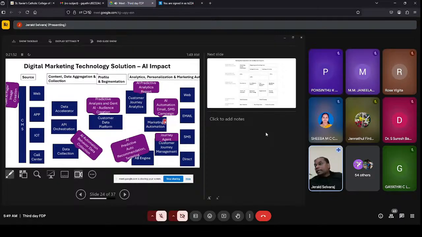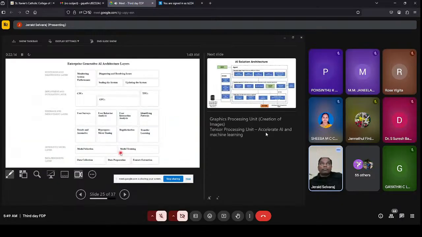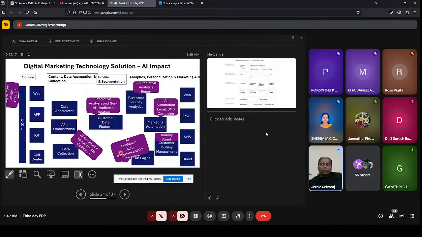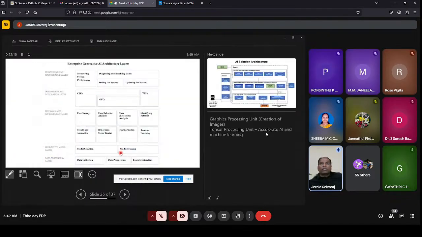It runs the marketing automations in an automated way without any human intervention, and it builds the journey on its own based on the customer behavior. There is no manual intervention needed. So this is how AI impacts digital marketing.